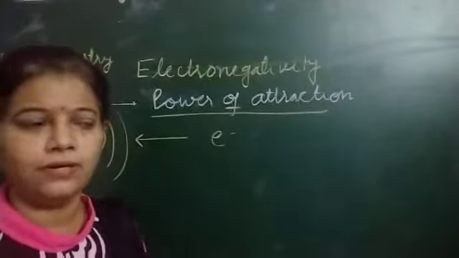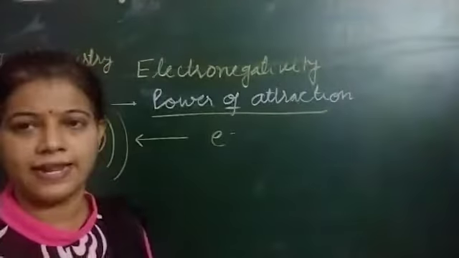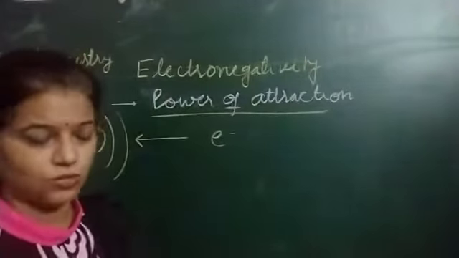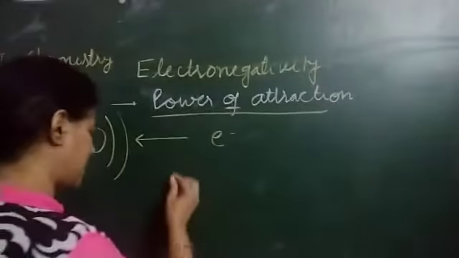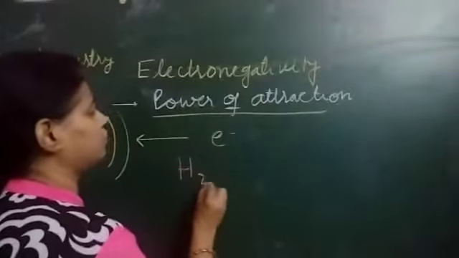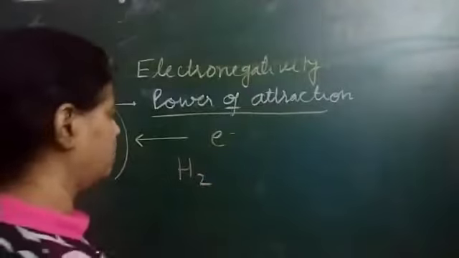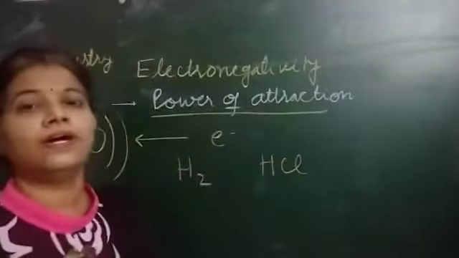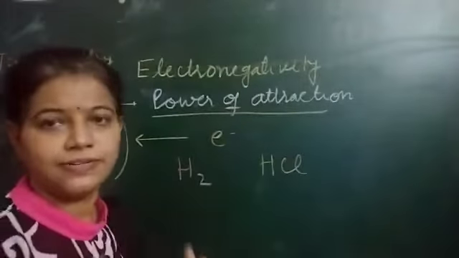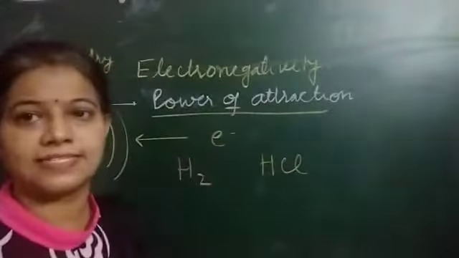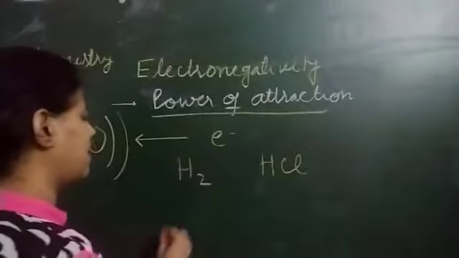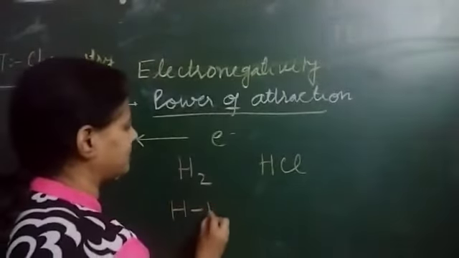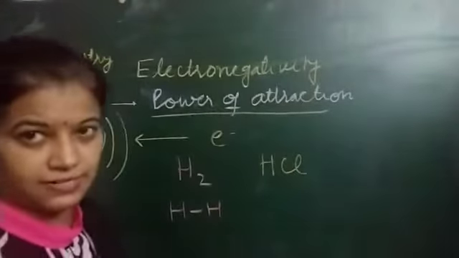Got my point? For more understanding, we will take two examples. Suppose I have a hydrogen molecule with me and another molecule, HCl. What is the difference between the two? In the hydrogen molecule, two atoms of hydrogen are present, isn't it?